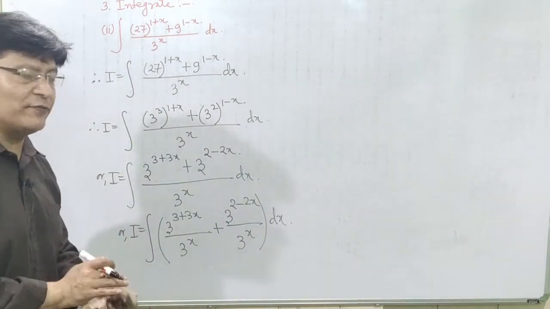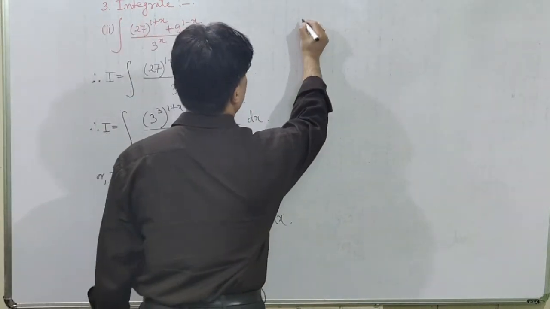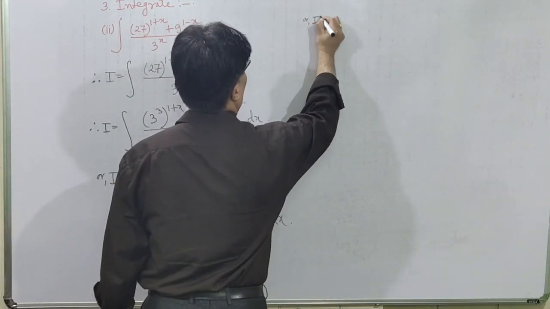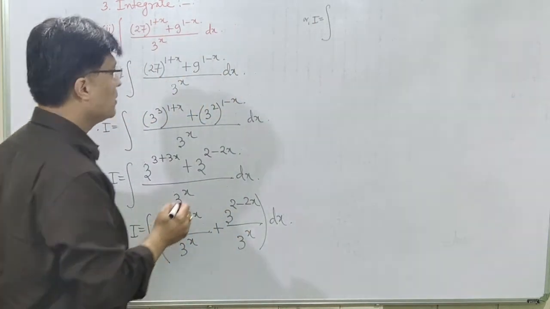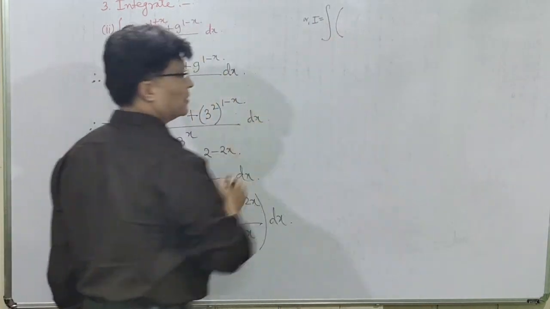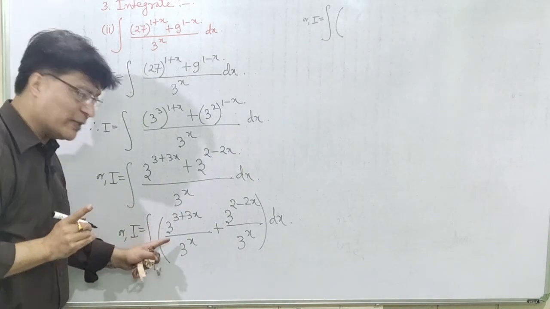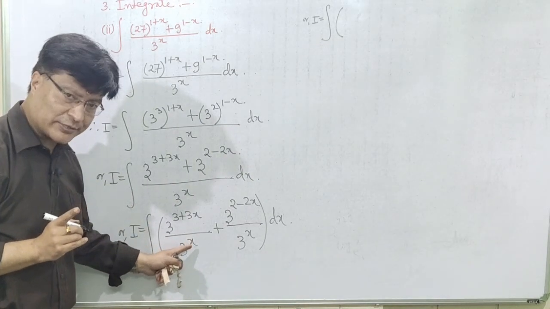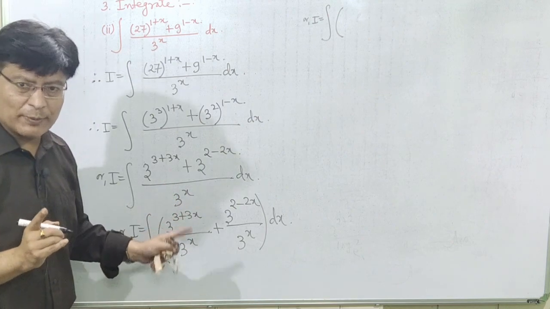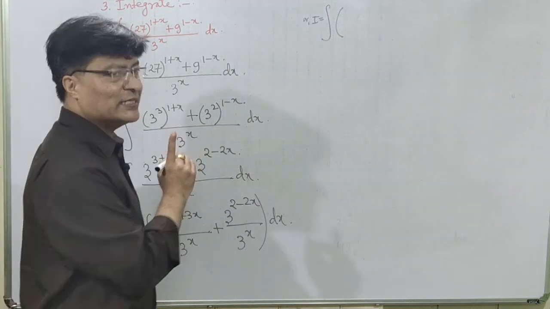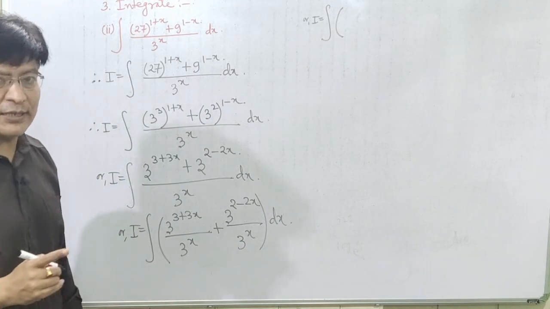So let us simplify it further, or I is equal to integration of, now here within bracket, when this denominator, that is 3 to the power x, goes to the numerator, it becomes 3 to the power minus x, isn't it? So you can simplify it with the numerator now.